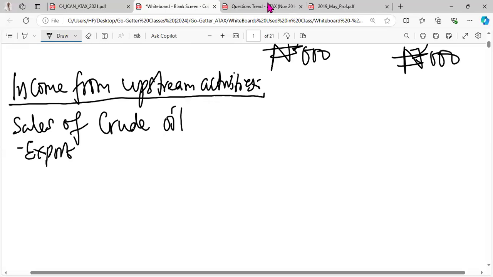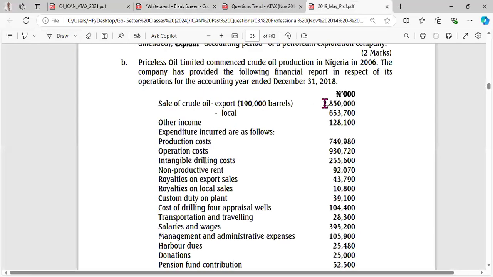I know you are given exports. Now, the thing is this, what should you use? Should you use this 2 million or this 2,850,000,000, or should you calculate your own? Which should you do? You might be tempted to use this figure, but please don't use it for export. You can use it for local.